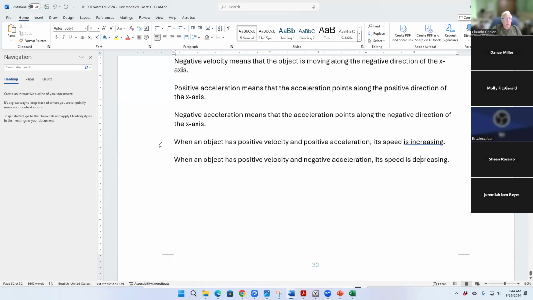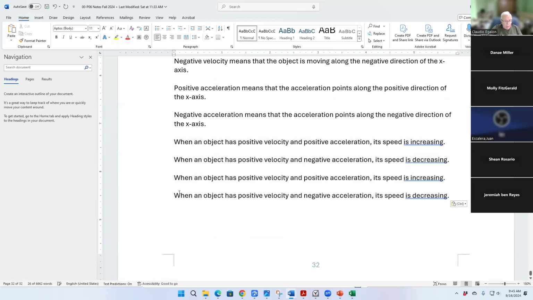Okay? And we can go the other way as well. When an object, I didn't illustrate those, has negative velocity and negative acceleration, both the velocity and acceleration point in the same direction, its speed is increasing as well. Okay? And let's see. Negative velocity and positive acceleration, its speed is decreasing.